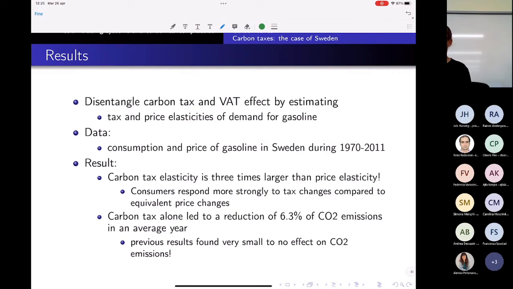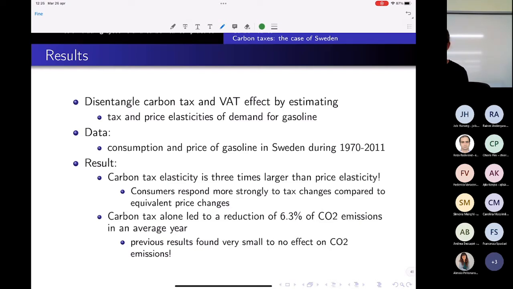Now, the second result is about disentangling the carbon tax and the value-added tax. What they would like to do is estimate the price and the tax elasticity for gasoline.